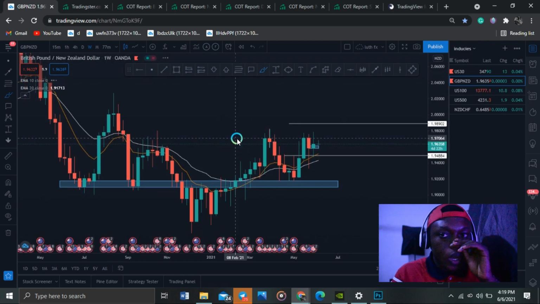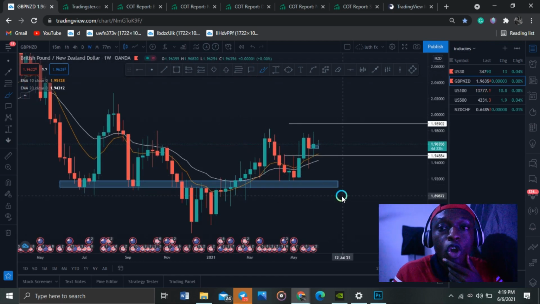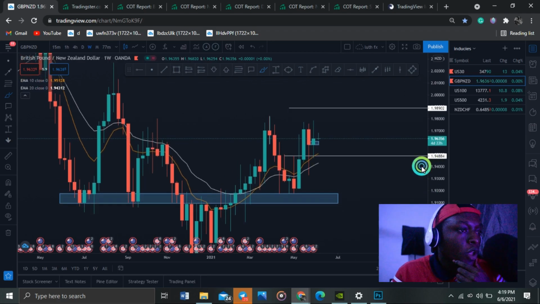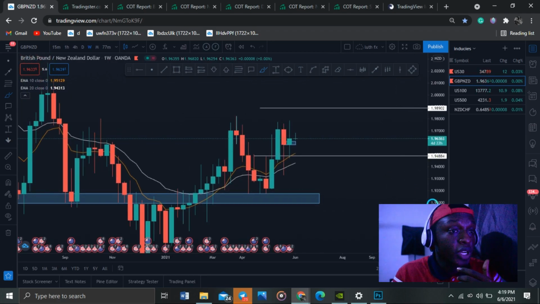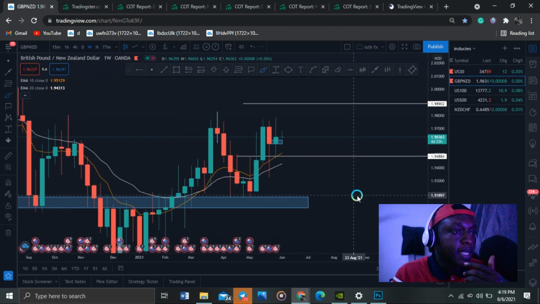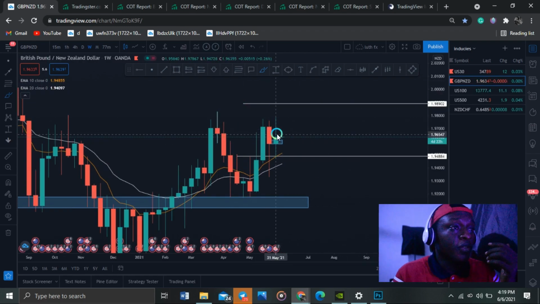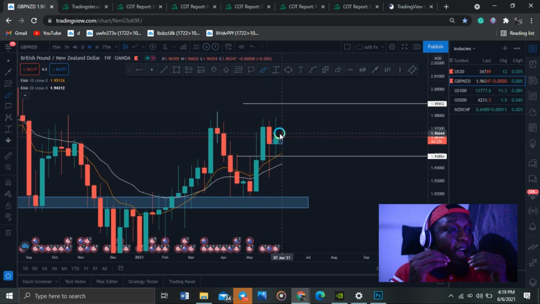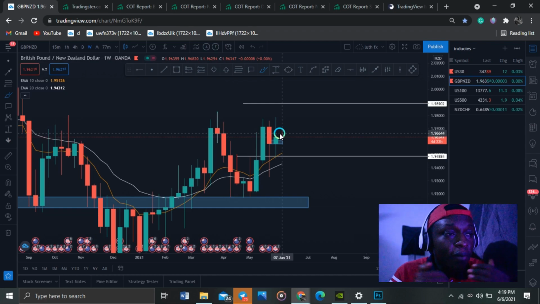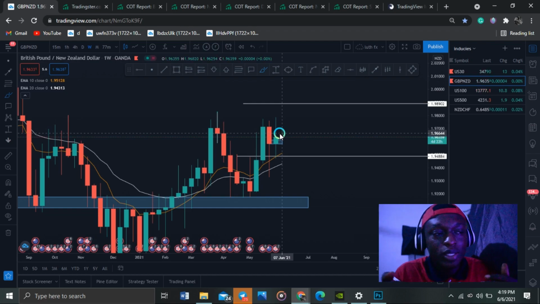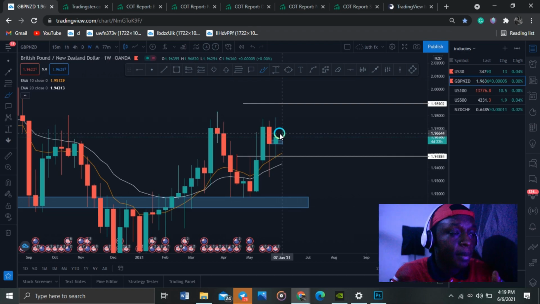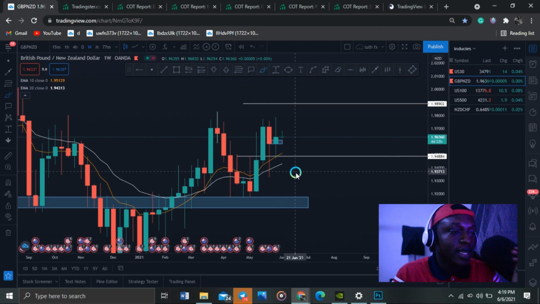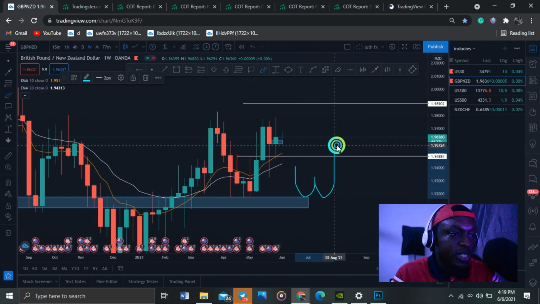Let's go down to our weekly time frame and see what we have. On the weekly time frame, things get even more interesting because you can see a pattern I've been talking about, if you have been in the community: the W and M pattern. In almost all my breakdown videos I talk about the W and M pattern. Generally, whenever you see a W formation in the market, you are expecting price to do what?